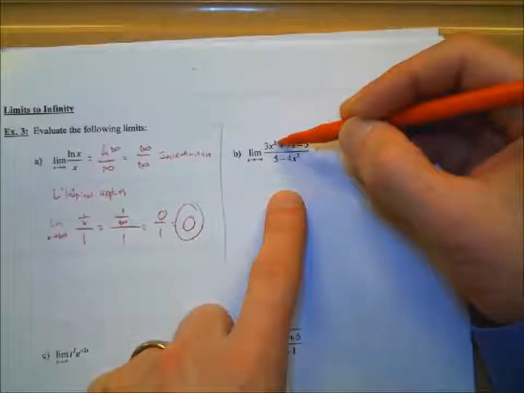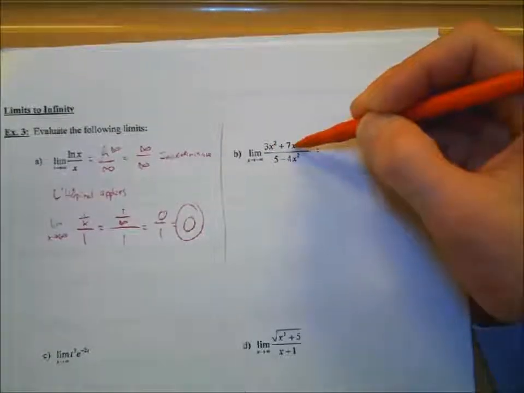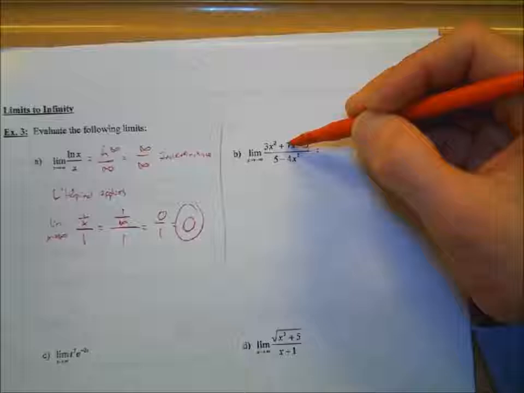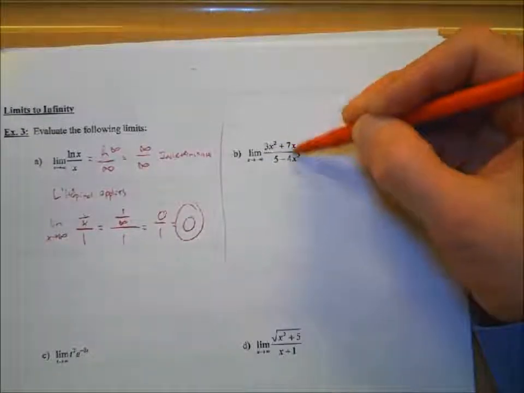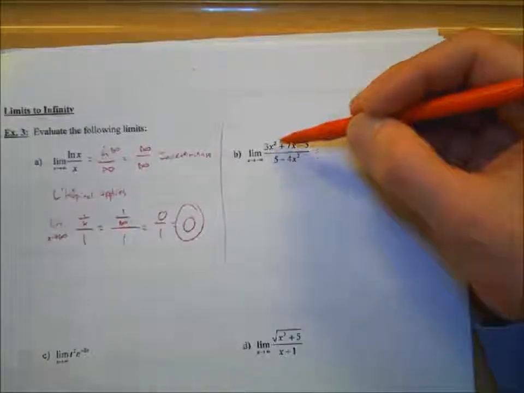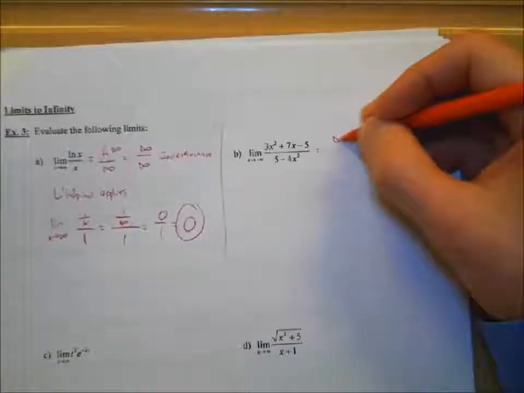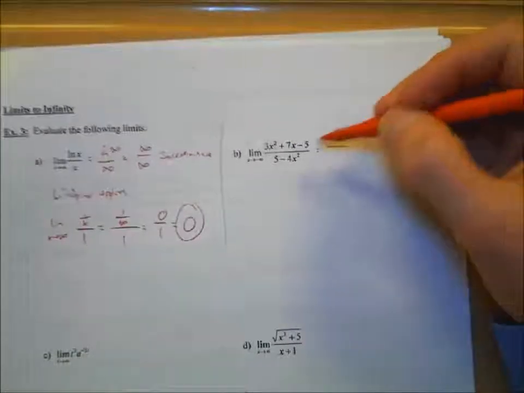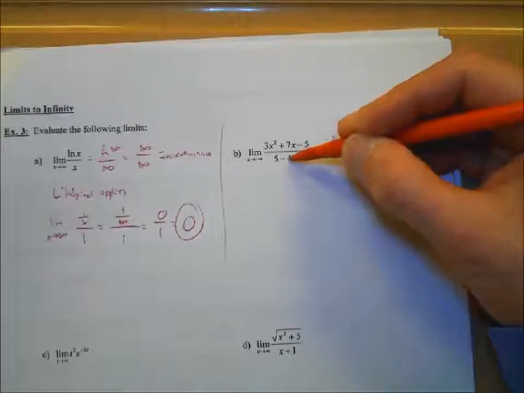Let's try the next one here. Again, let's simulate plugging in negative infinity. We'll have negative infinity squared times 3 plus 7 times negative infinity. So we're going to have positive infinity, because negative infinity squared is positive, times 3, and then we'll have negative infinity times 7. What's going to win out here? The positive infinity or the negative infinity?